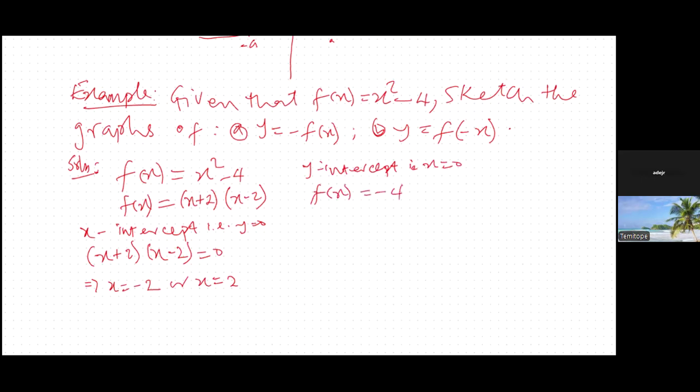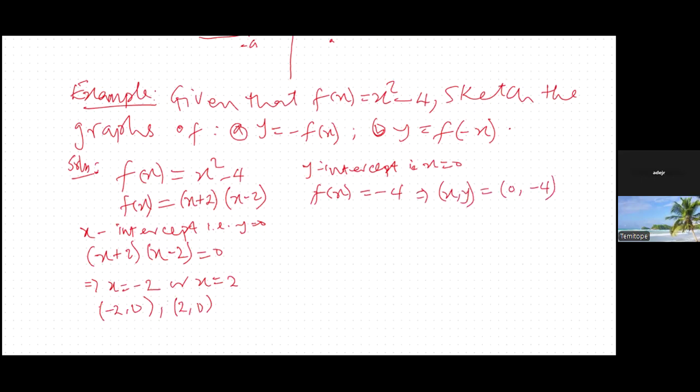So for this, I have coordinates (-2, 0) and (2, 0). Then for this, I have (0, -4). Now, these are parameters we need to do the sketch.